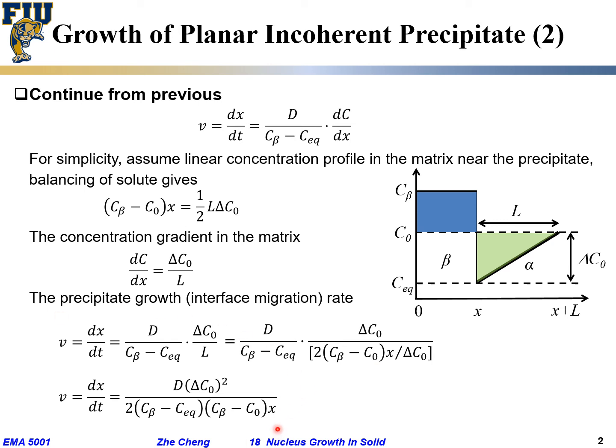In this way, we get a relationship for the velocity of the precipitate growth, or the velocity for the interface to move between the beta phase and the alpha phase. Okay? So this is our velocity equation, assuming linear concentration profile, assuming diffusion control.